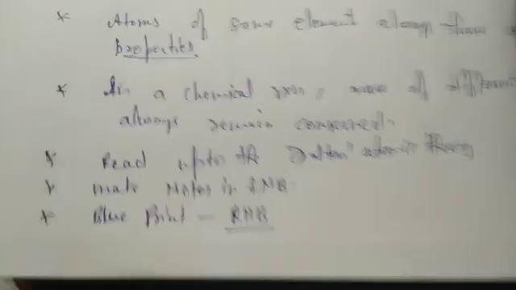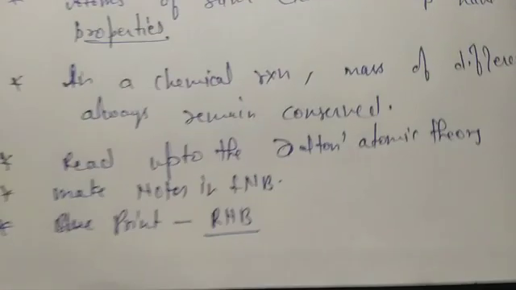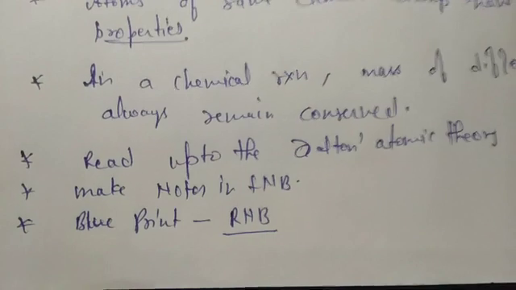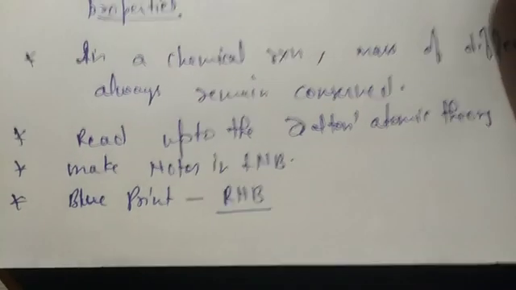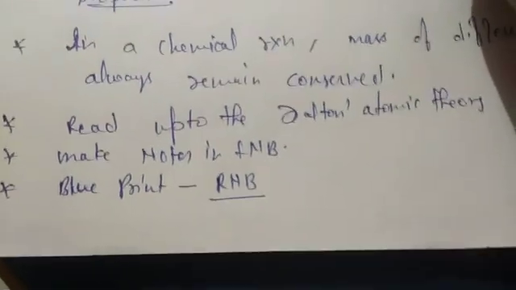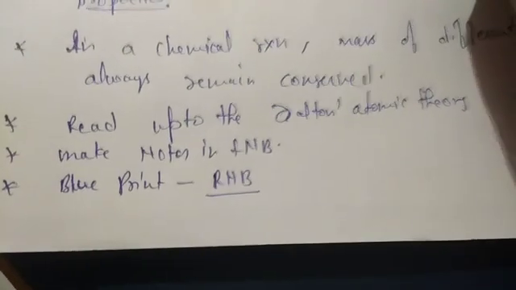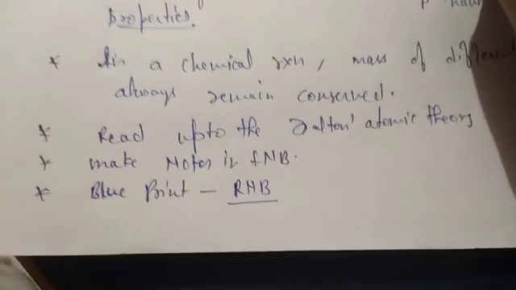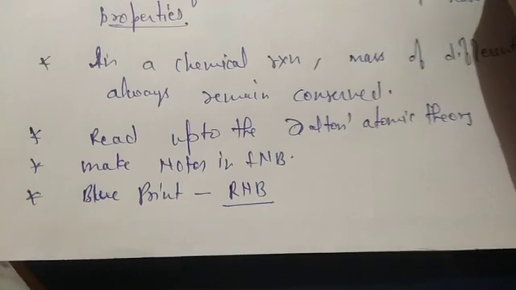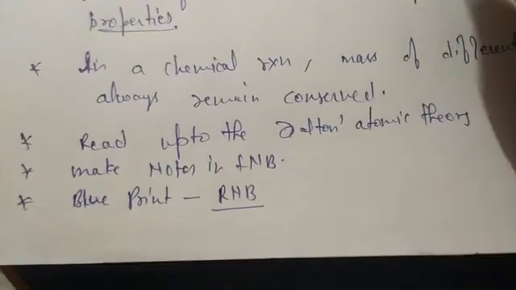Whenever you see in the NCERT book where Dalton's atomic theory ends, after that blueprint questions are given. So you have to solve those in the rough notebook. Notes you have to prepare in the fair notebook, dear. Okay, thank you.